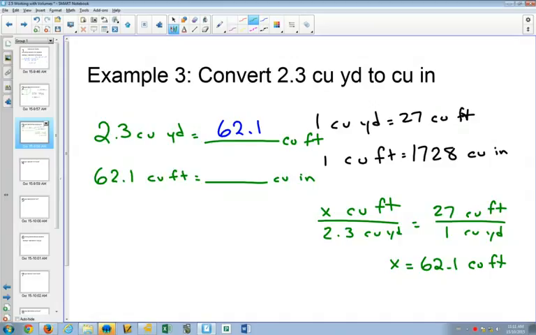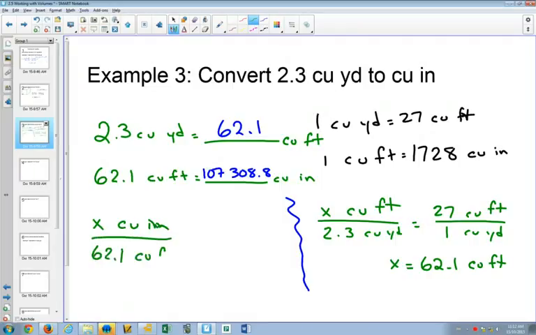Again, if you can see the shortcut, since 1 cubic foot is 1728 cubic inches, you could multiply by 62.1. And you get a big number: 107,308.8 cubic inches. If you don't see the shortcut, if you would like to use your proportion, we want to find out how many cubic inches is 62.1 cubic feet.